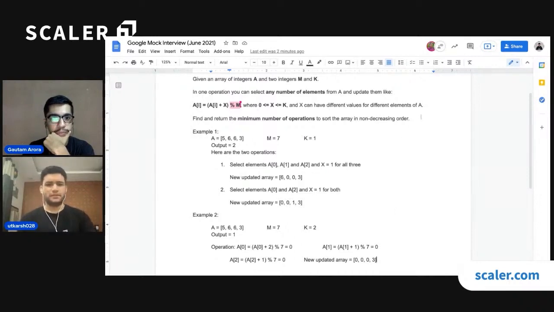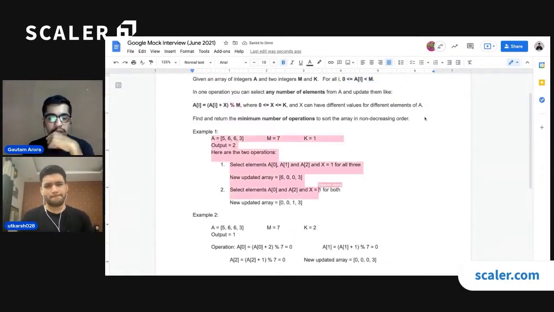We can also mention that initially all the values of a of i are less than m. We need to find the minimum number of operations. So the input is also valid.